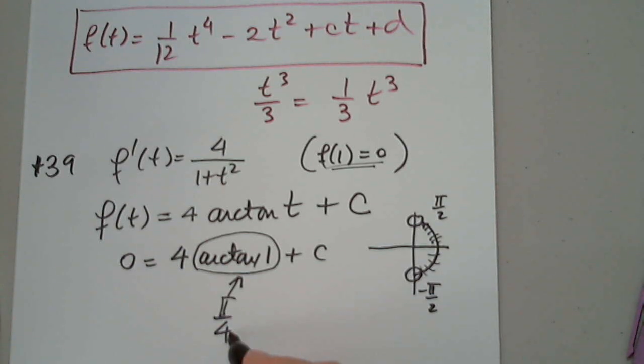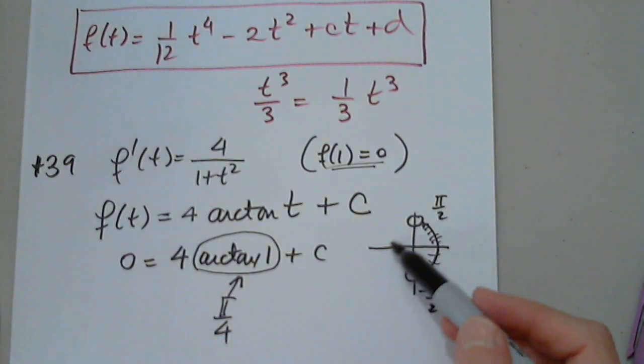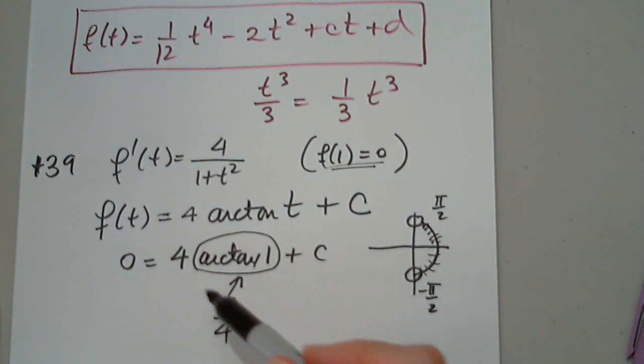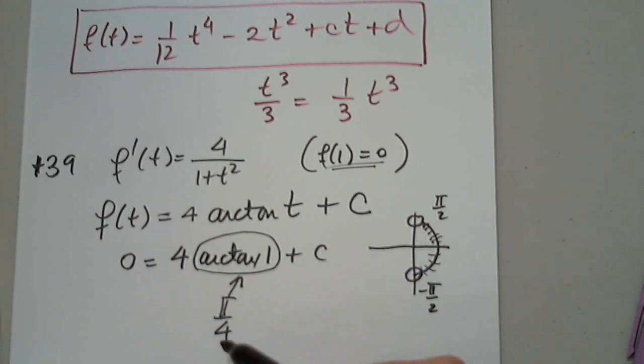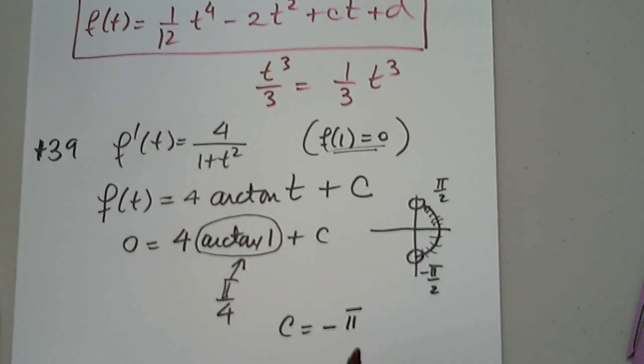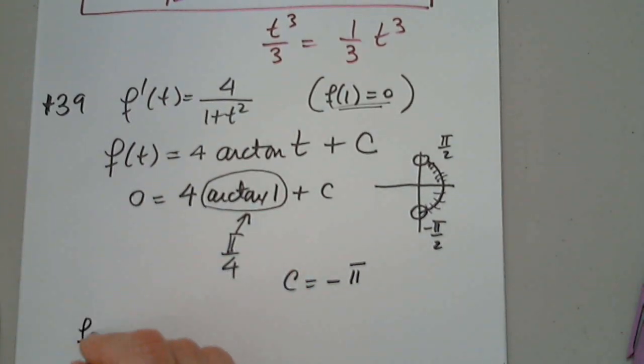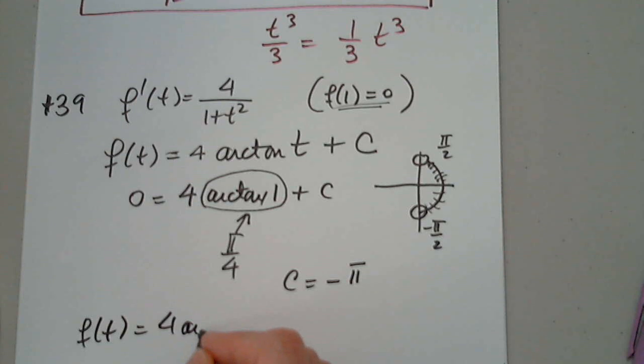So it can only be pi over 4. Nothing in the second or third quadrant. So pi over 4 times 4 is pi. So then c equals negative pi. So then f of t equals 4 arctangent t minus pi.